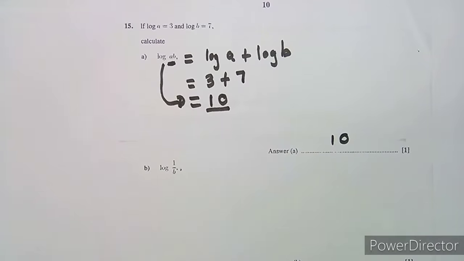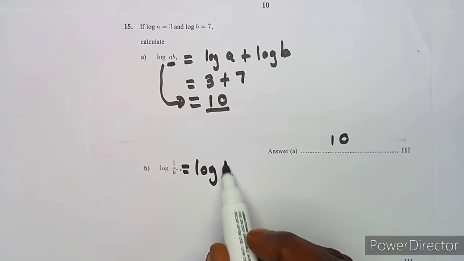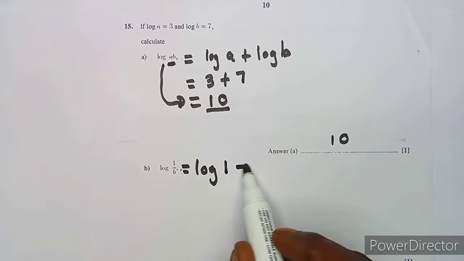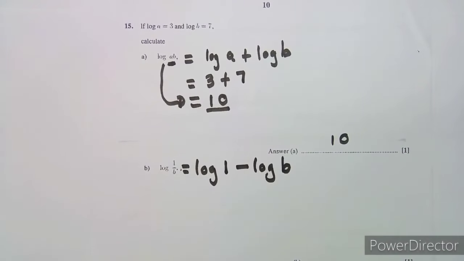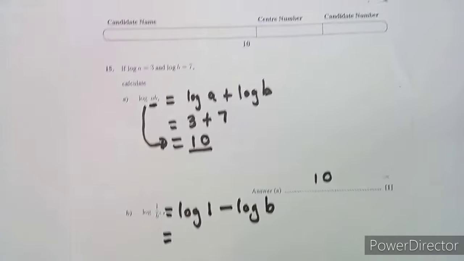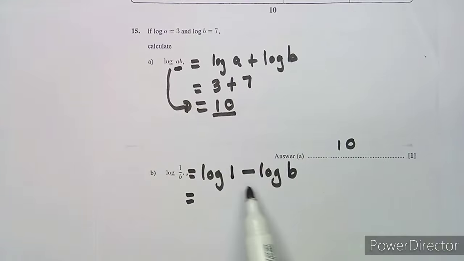Okay, then we move on to log 1 over b. Which law are we going to apply? We are dividing, which means we subtract the logarithms: the logarithm of 1 minus the logarithm of b. That's the law from our laws of logarithms, remember? Here we do not have numbers, we are given letters. The log of 1 we know. As long as you are in base 10, you are supposed to know from log 1 up to any log. Log 1 base 10 is 0, log 10 base 10 is 1, log 100 base 10 is 2, and so forth.